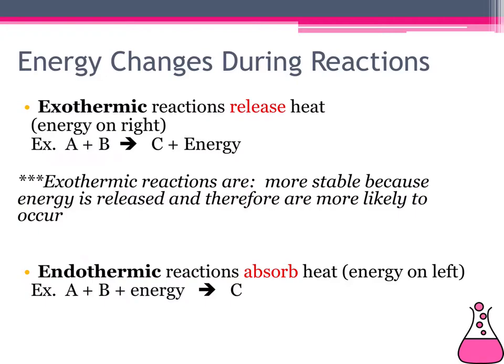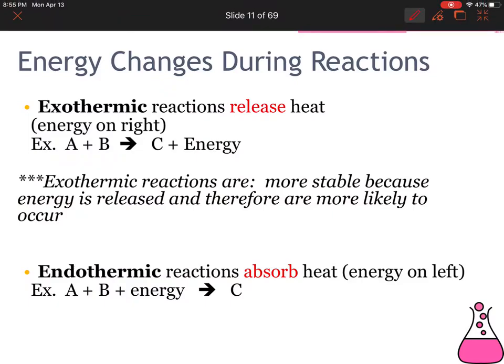And if I were to write a thermochemical equation, which means I'm including my energy in my equation, I know energy is not actually matter, but if I want to include it in my equation, I call it a thermochemical equation, and I'll write that energy for an exothermic reaction on the product side, meaning after the arrow. This is because energy is always going to be released as a product. It's going to be released at the end of a chemical reaction.